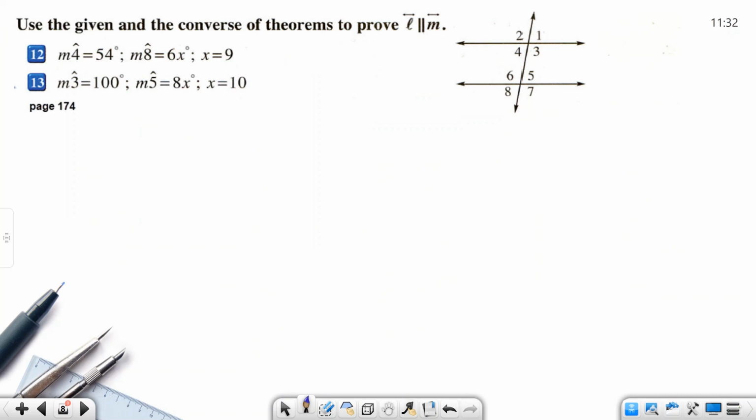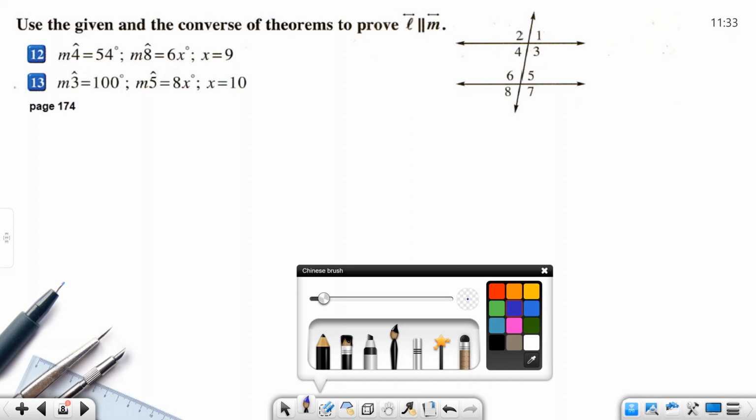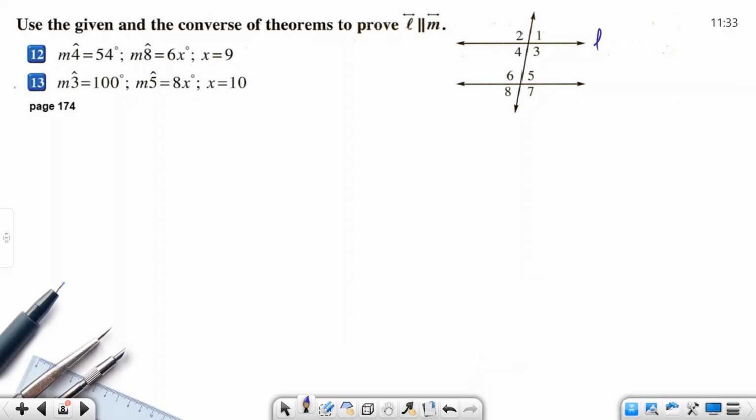Oh, there are two questions. These are proof questions. So you need to prove L and M are parallel. I cannot see L and M, so I assume that this is L and this is M. For angle 4, there's a given angle 4 and angle 8.